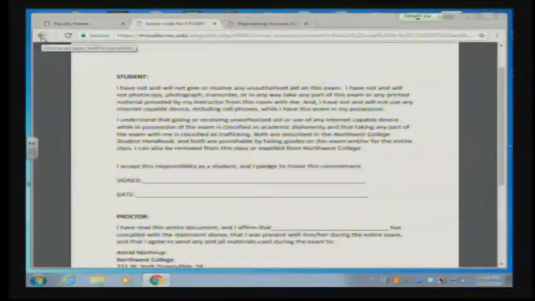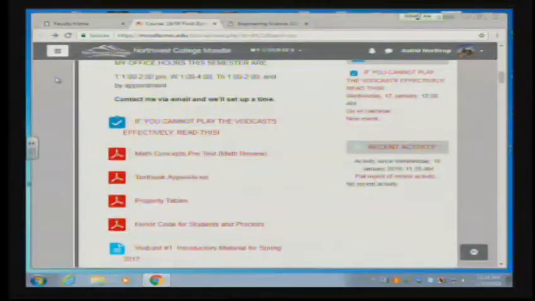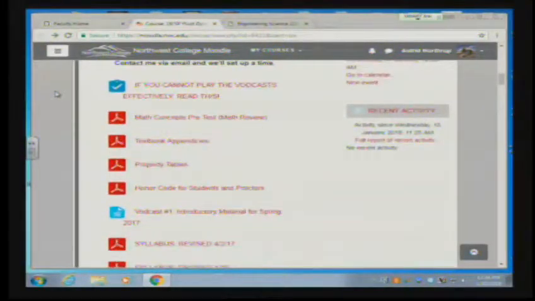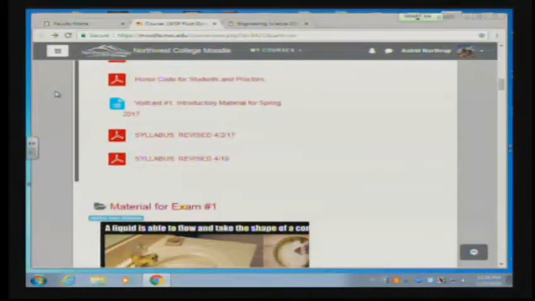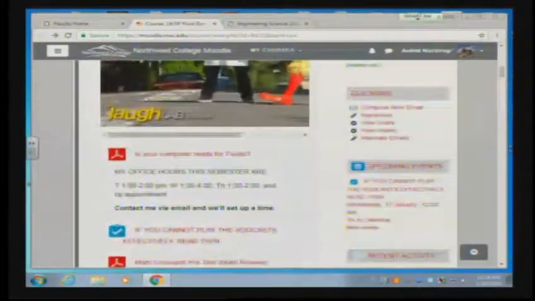So we want to make sure everybody's on the same page. And it's my experience that most people are fairly honorable, but sometimes in the moment of taking a test, it can become expedient to do things in a different way. How's that sound? So we don't want that to happen.